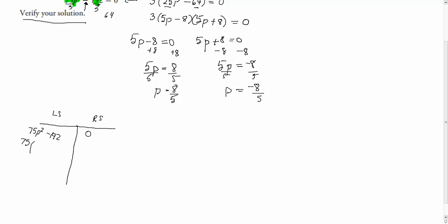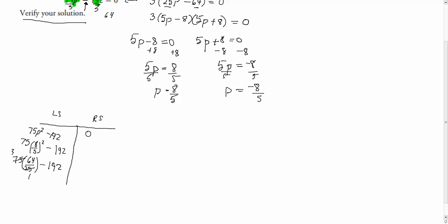So I multiply 75 by 8 over 5 squared and subtract 192. So we have 75, and we're going to square this, so we have 64 over 25 minus 192. So I have 75 times 64 over 25. So there's a common factor of 25 that I can take out. I have 3 on top and 1 on the bottom.